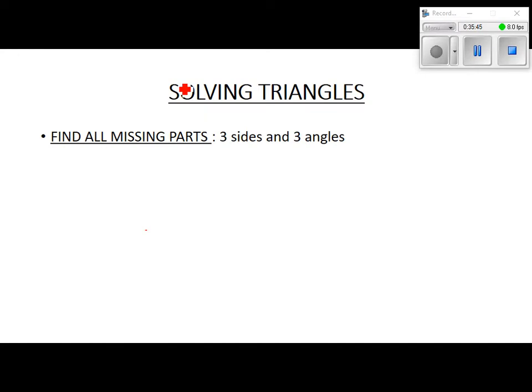What we're going to be doing today is solving triangles. It sounds strange to solve a triangle, since we solve equations. I'm going to explain to you what solving a triangle is.